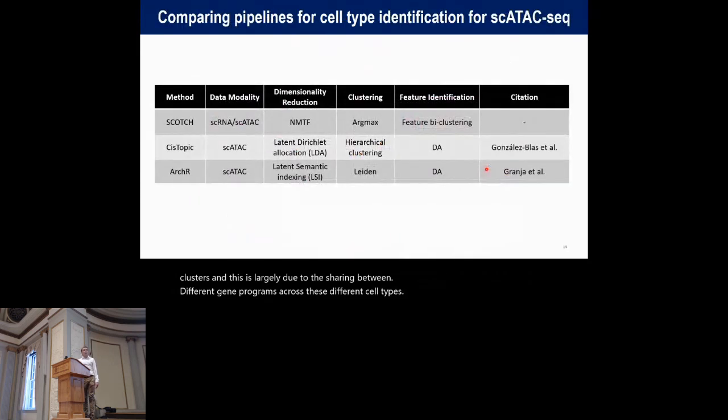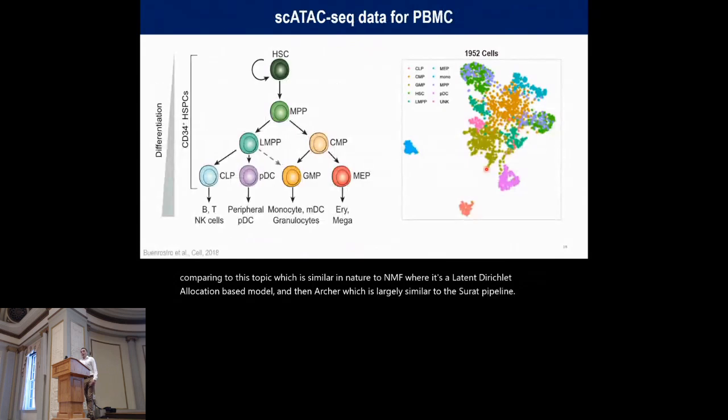So next, we looked at SCOTCH's ability to cluster single-cell ATAC-seq data, and here I'm comparing to SysTopic, which is similar in nature to NMF, where it's a latent Dirichlet allocation-based model, and then Archer, which is largely similar to the Seurat pipeline. And again, we're looking at a different Buenrostro data set, a PBMC data set that was previously FACS sorted.